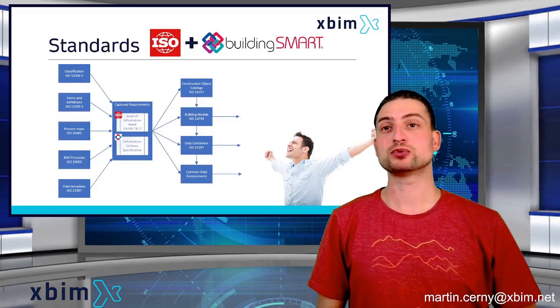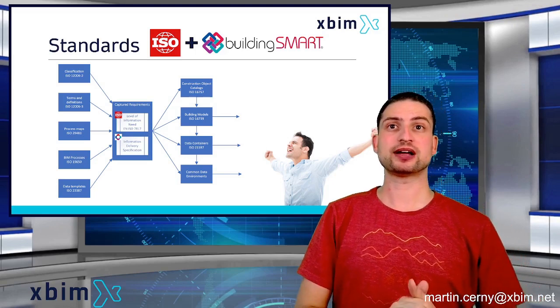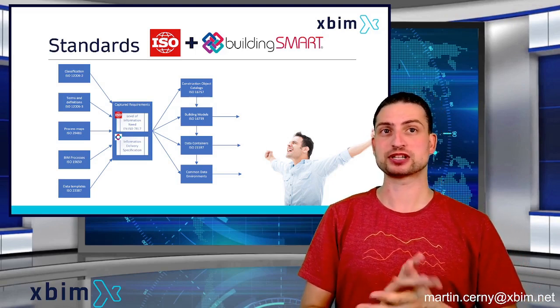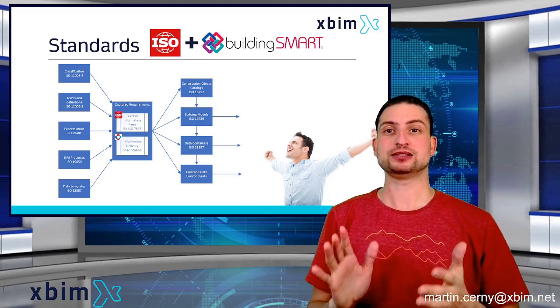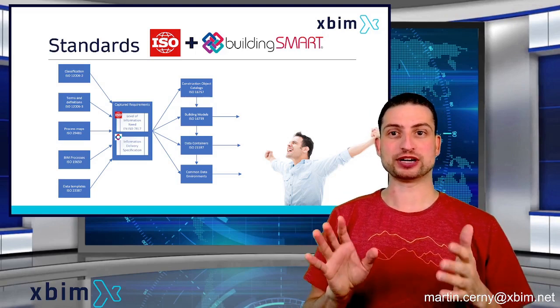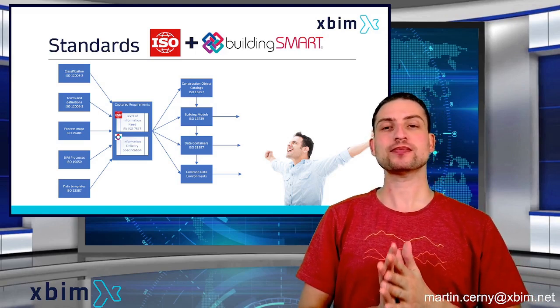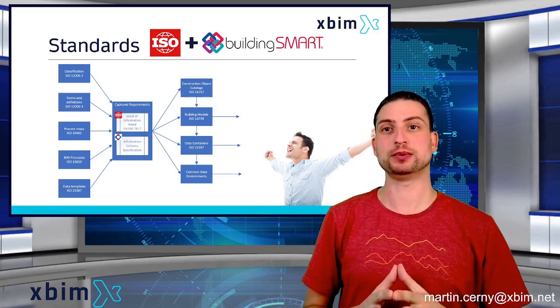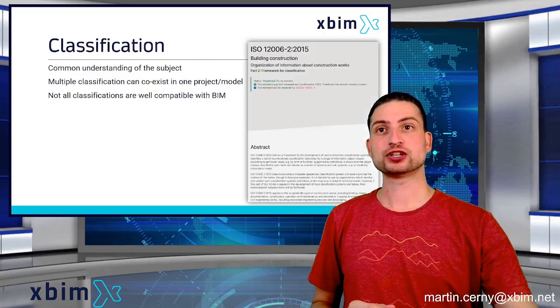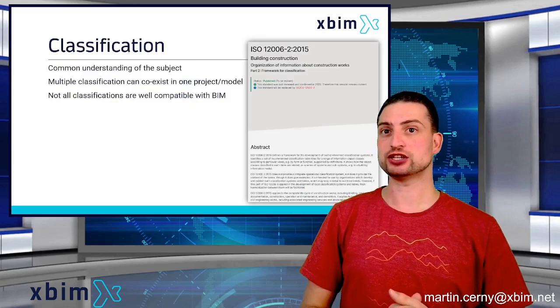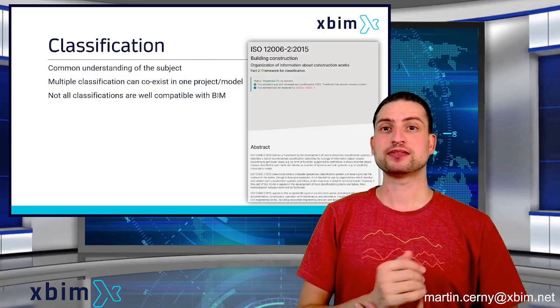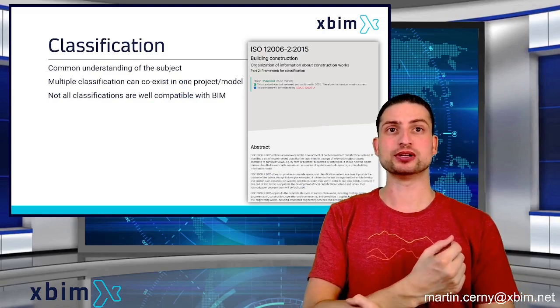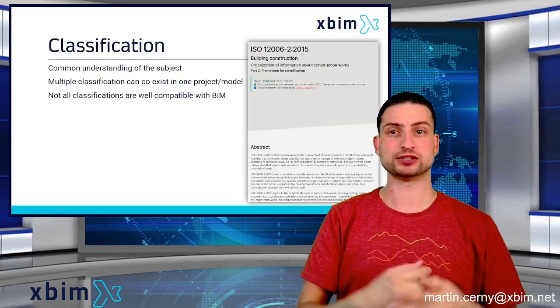Fortunately, when it comes to requirements, there are several ISO and buildingSMART standards which can help you to analyze your organization or project, and will help you to define and capture these requirements. First one, classification, right? That will help you to answer the question, what is it about? Is it a door? Is it a window?